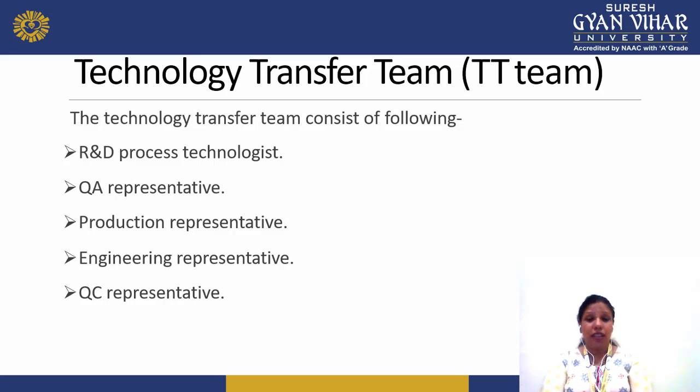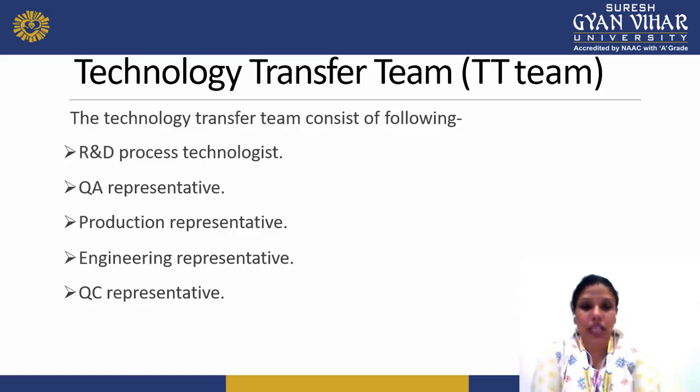The QA representative follows up on and assures the quality of the product throughout the process, and the QC representative checks the quality and is responsible for the quality control of the final product or final process. The QC representative is responsible for all the lab testing related work.